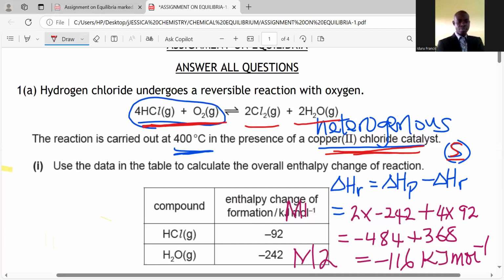So a catalyst that exists in another phase or state compared with the reactant, we call it a heterogeneous catalyst. Whereas a catalyst that is in the same phase with the reactant, we call that one a homogeneous catalyst. Therefore, in this reaction, a heterogeneous catalyst was used.